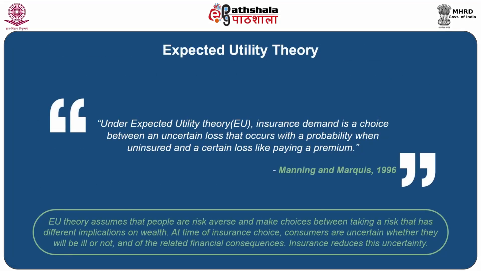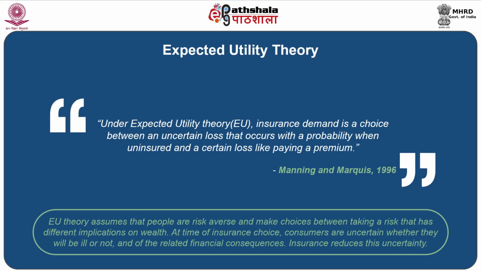Under expected utility hypothesis, insurance demand is a choice between an uncertain loss that occurs with a probability when uninsured and a certain loss like paying a premium, that is according to Manning and Marquis in 1996.